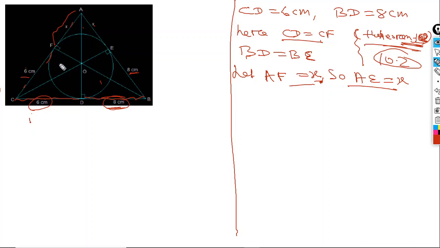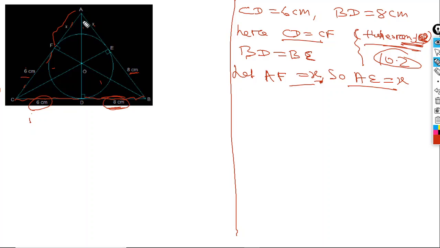What we will find? Area of this triangle ABC. To find the area of this triangle, we will divide it into three small triangles: OCB triangle, OCA triangle, and OBA triangle.